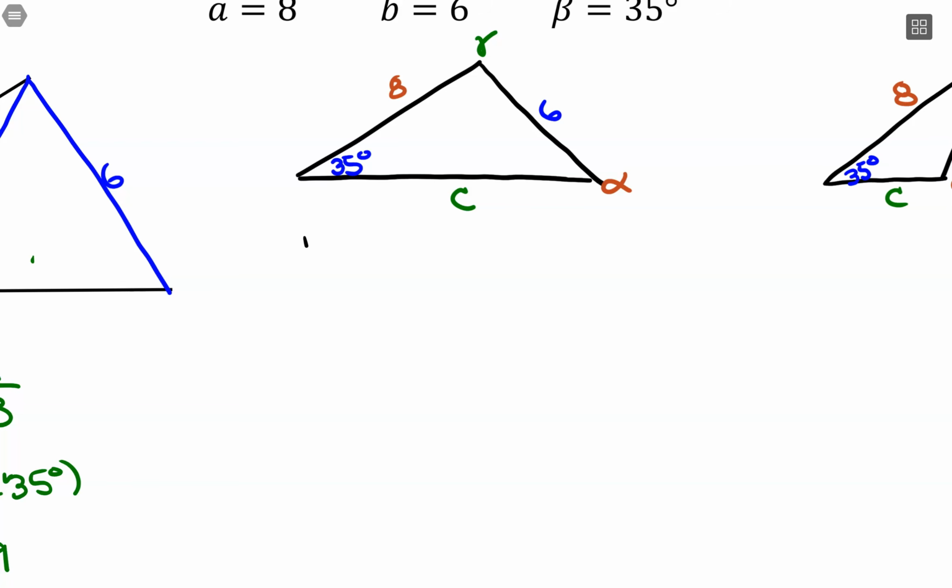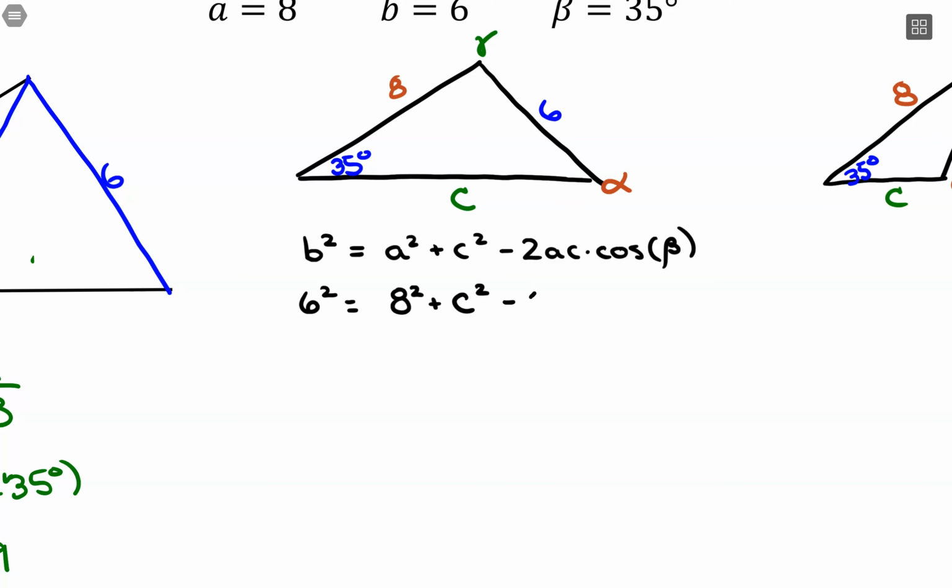So that would put b squared on one side of the equation, and then equals a squared plus c squared minus 2ac times cosine of beta. Filling in the numbers that we know, I would have 6 squared equals a squared, which is 8 squared. C is unknown. Minus 2 times 8 times c times cosine of beta, which is 35 degrees.